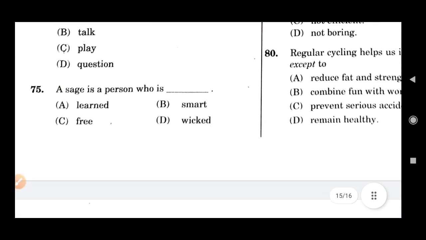And the last question of this passage is: a sage is a person who is dash, as I exactly underlined, friends. Yes, you remember, right? Who is a sage, friends? A sage is a learned man, a holy man.